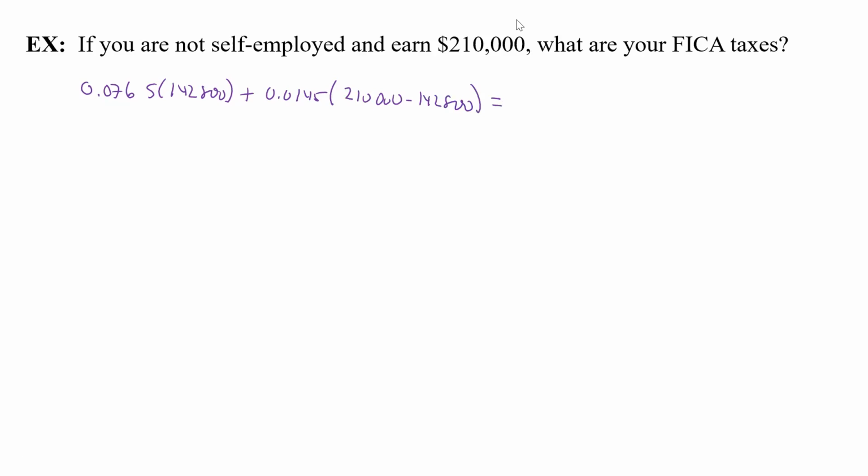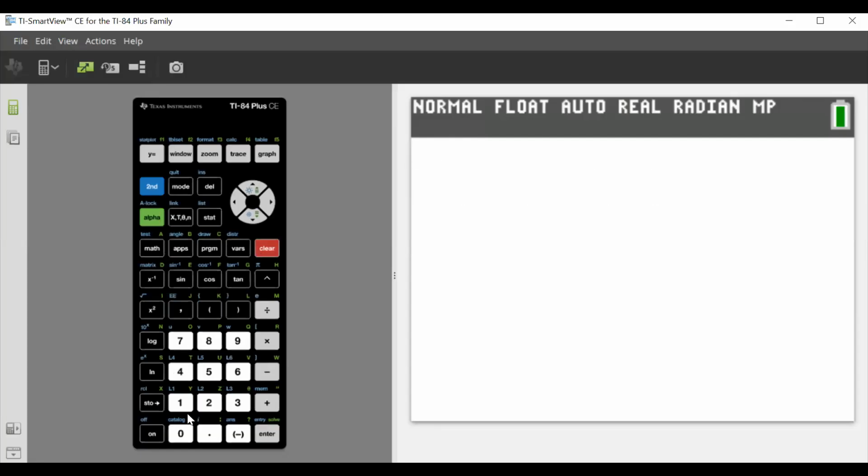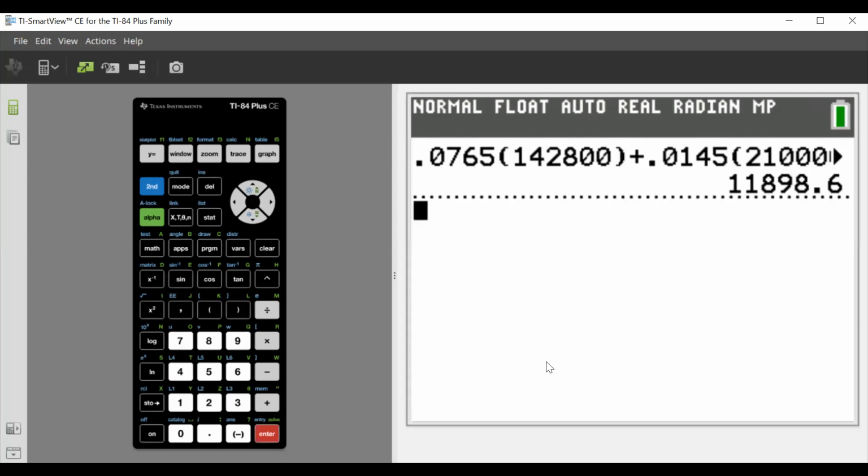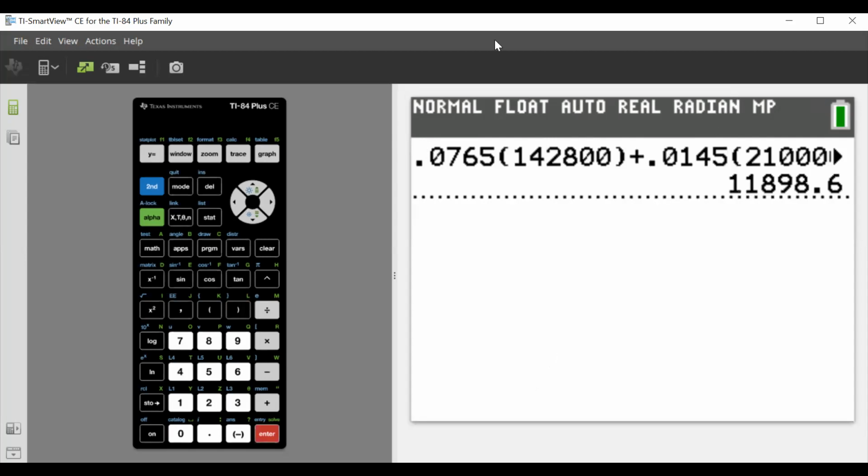So doing that in place, we have 0.0765 times 142,800, and then we're going to add to that 0.0145 times 210,000 minus 142,800. And then that gives us $11,898.60. So that's how much we're going to have to pay in FICA taxes.